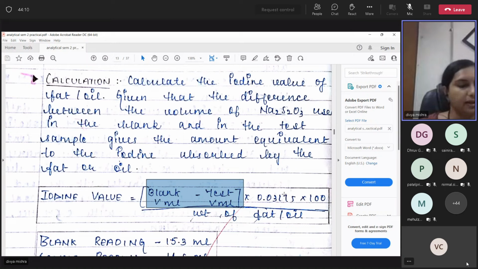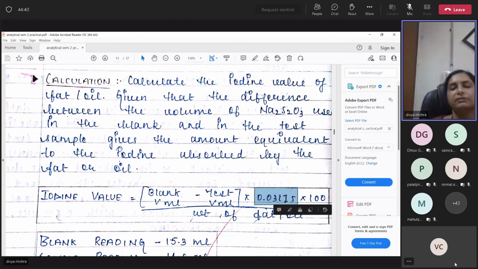It is the molecular weight of iodine multiplied by the normality of the sodium thiosulfate used for the titration, divided by 1000. So it is 126 multiplied by 0.25, because the normality of sodium thiosulfate is 0.25, divided by 1000 ml. So this will come as 0.03175.